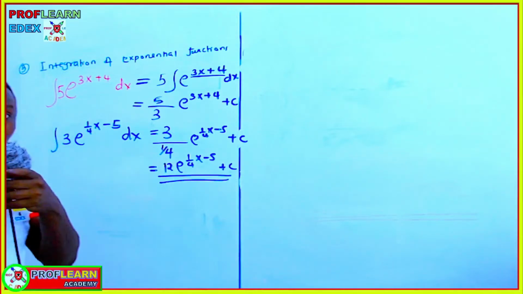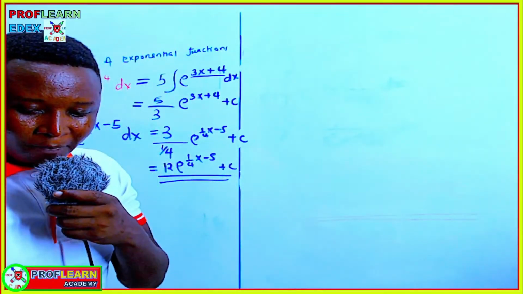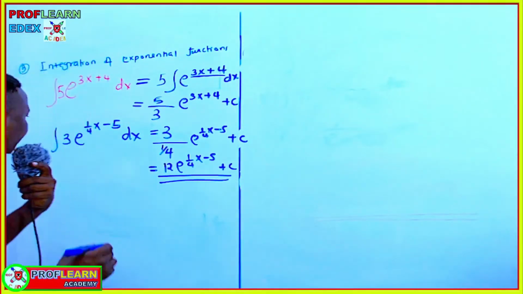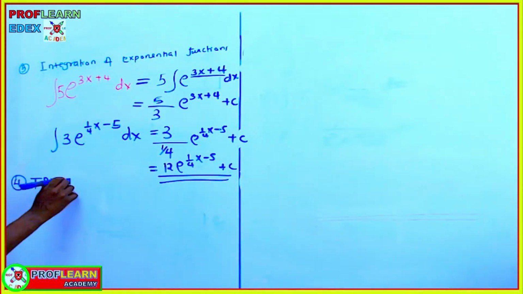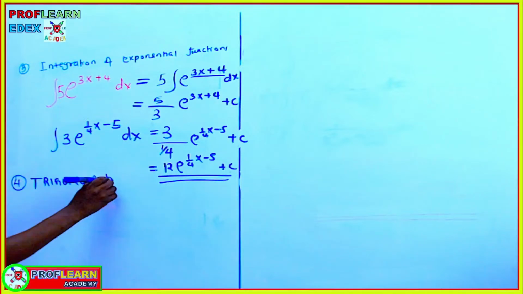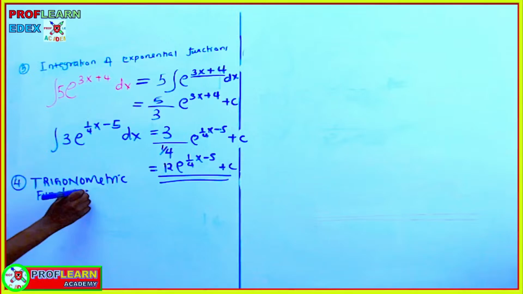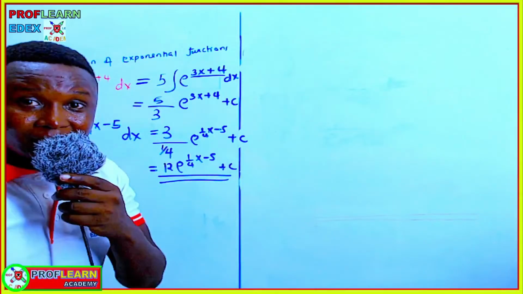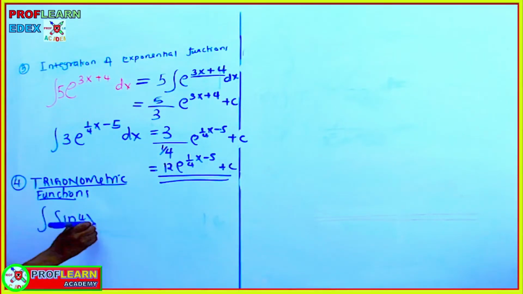You can use U substitution in trigonometric functions, but however, I need to bring to your attention that if you are using a trigonometric function like sine 4x dx, integrating sine 4x dx.